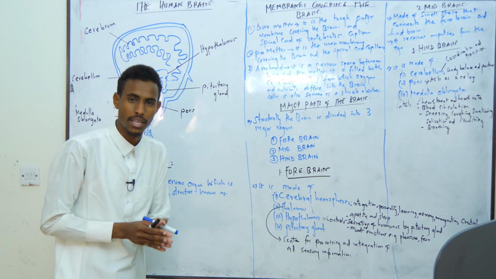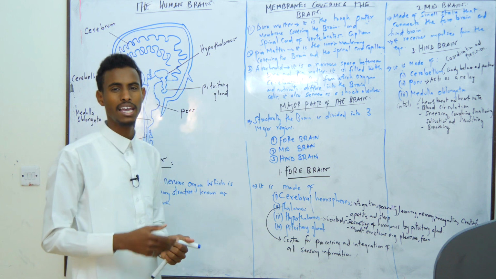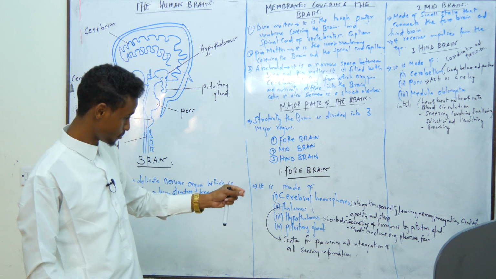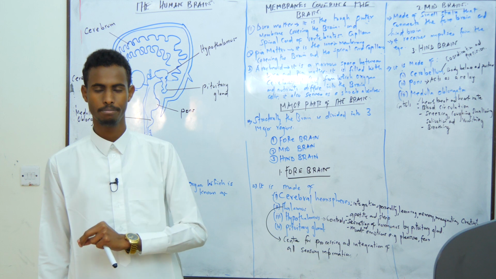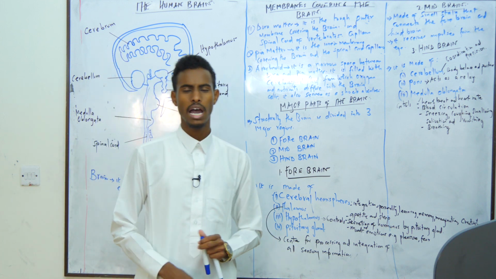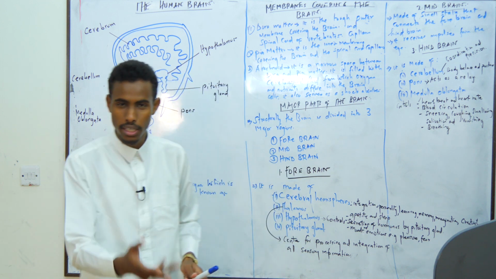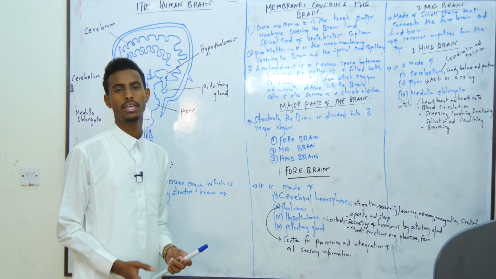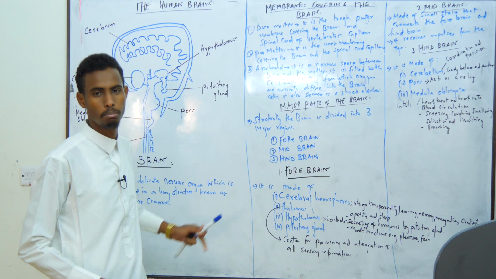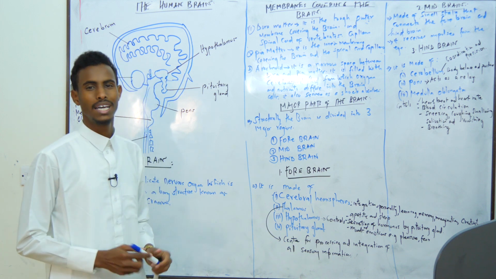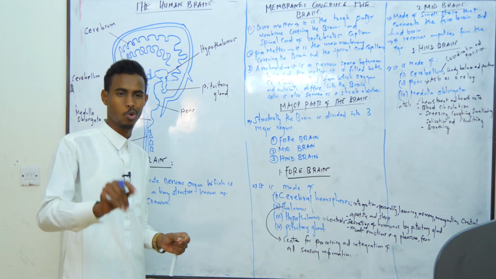The osmoreceptors in the hypothalamus detect this, and they trigger impulses that make the pituitary gland secrete more antidiuretic hormone into the blood. Once more antidiuretic hormone is released, this increases the permeability of the kidney tubules, whereby more water is absorbed from the kidney tubule back into the bloodstream, bringing about secretion of little, concentrated urine.